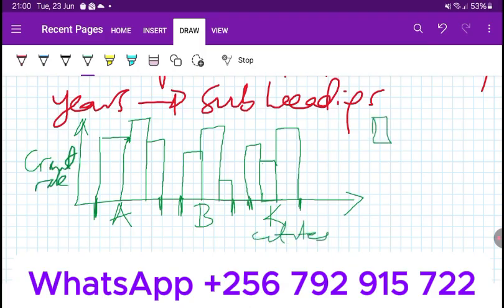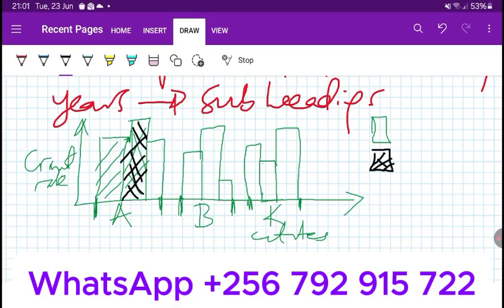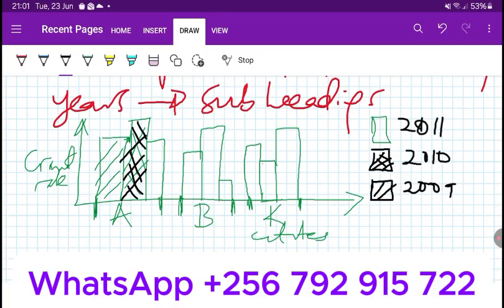But now what we are going to put on these keys, we are going to shade it differently. If I shade like this for that one, then the other one I shade like this, and one I can leave empty. Then I shade one that has just shadings of that one. So this will be a year, let's say this is year 2009, this is 2010, this is 2011.